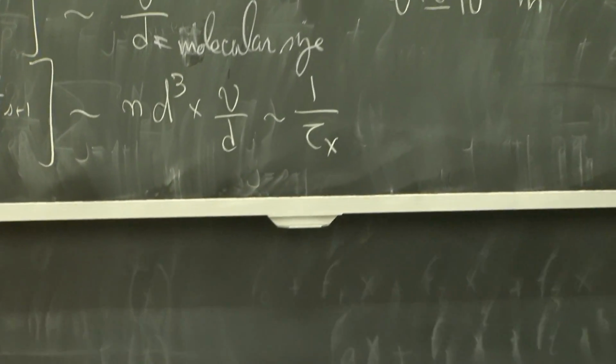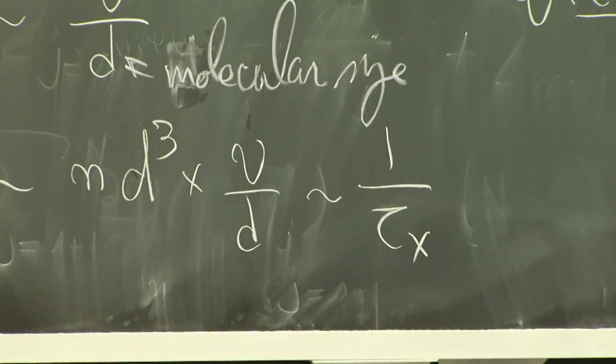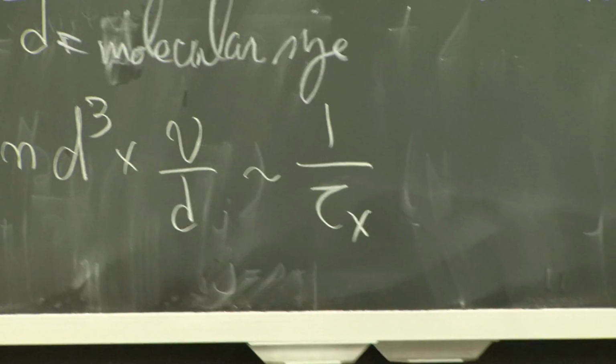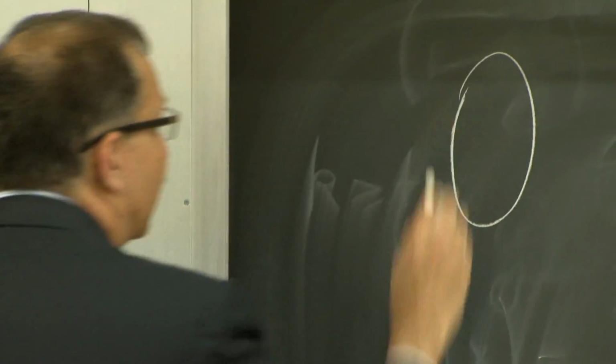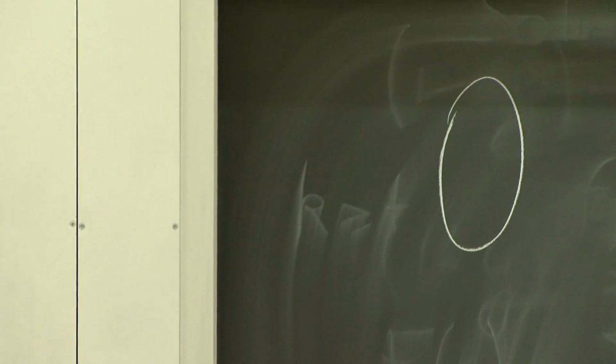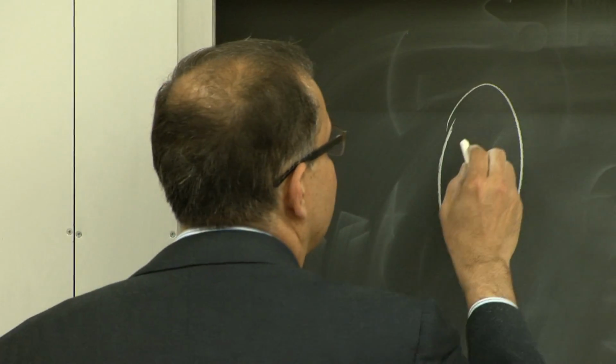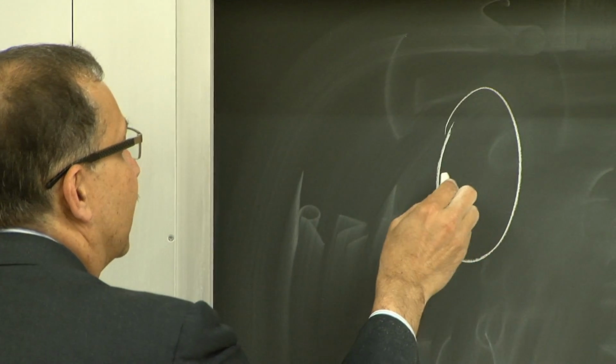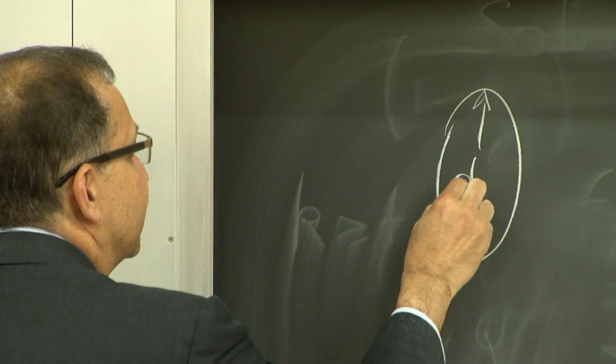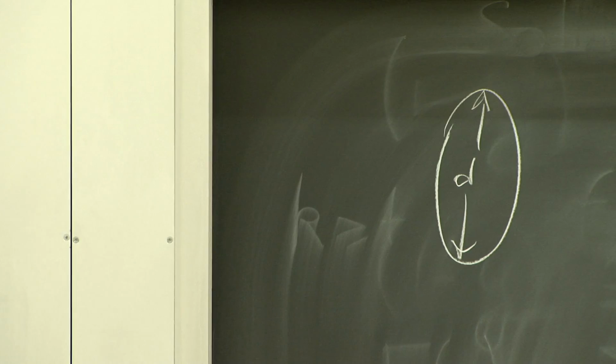And another way of getting the same result is as follows. This is typically how you get collision times pictorially. You say that I have something that can interact over some characteristic size d.